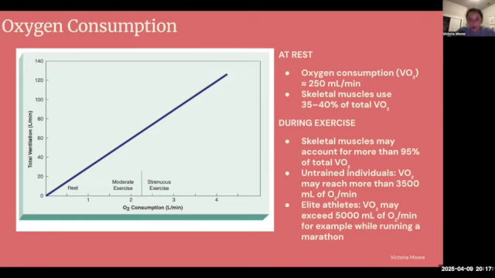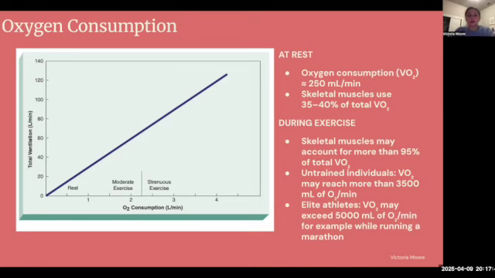So for untrained individuals, the oxygen consumption during heavy exercise can reach about 3,500 milliliters of oxygen per minute. And for elite athletes, for example, a marathon runner running a marathon, the oxygen consumption may exceed 5,000 milliliters of oxygen per minute.